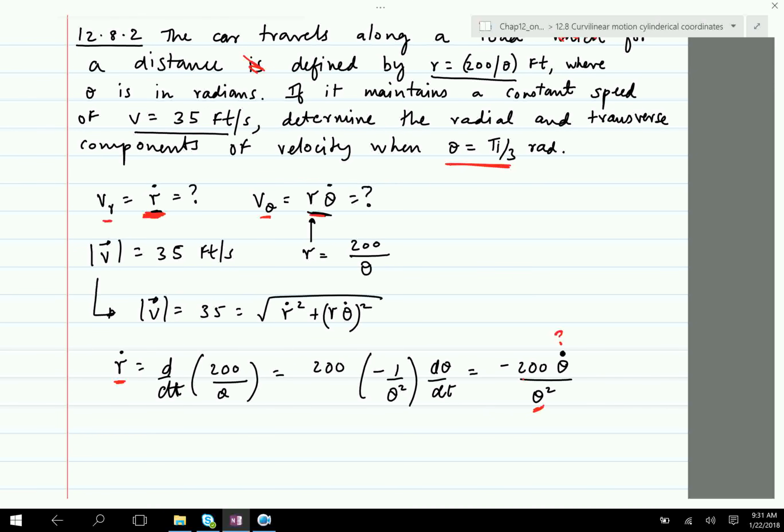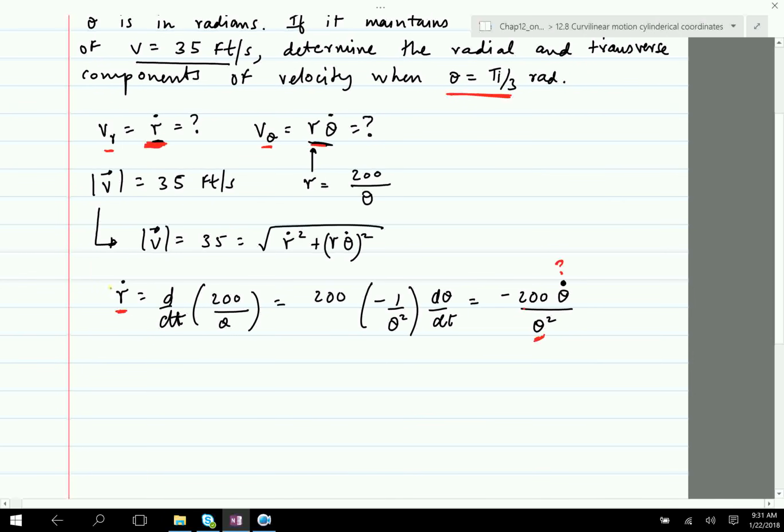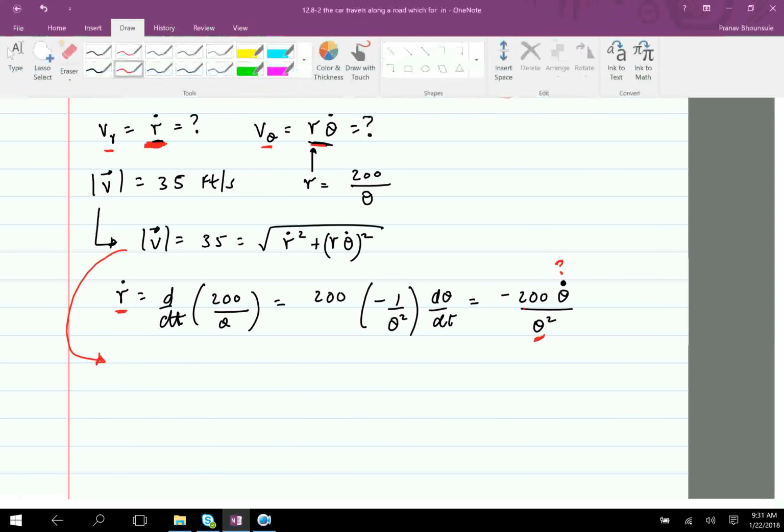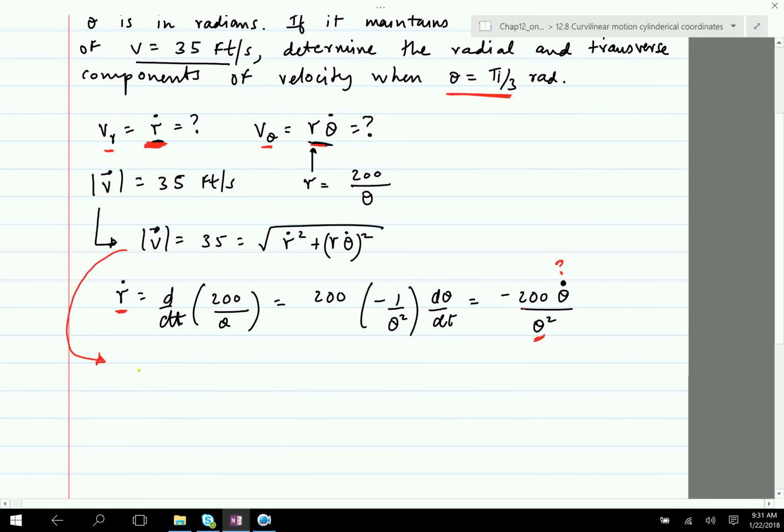So the way I can find theta dot is to use the other expression which I have not used, which is the magnitude of velocity. So let's try to use this expression now. 35 equals r dot square.